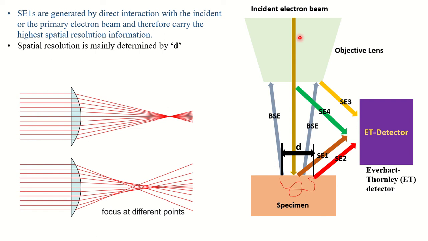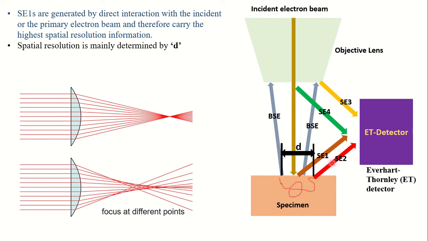So the spatial resolution of the detection of SE2 electrons is poorer, because SE2 are induced by the multiple scattering or collision of the electrons inside this specimen. Here you can see with this red color, there are so many scattering of the electrons.